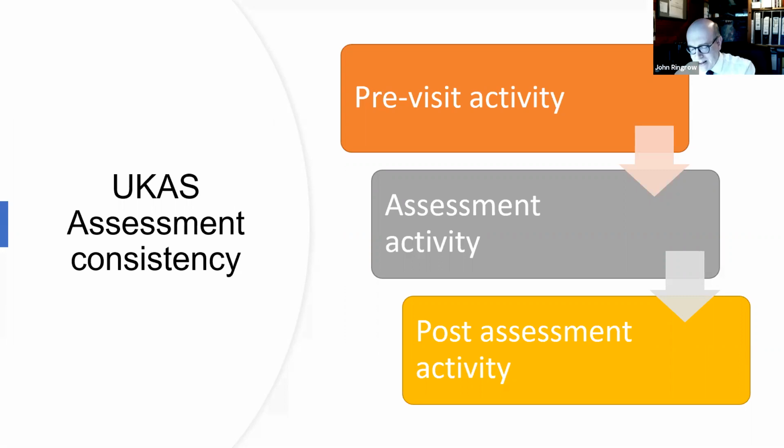So after the assessment has taken place, if there are any non-conformities, any findings that have been raised and improvement actions that need to be dealt with, the improvement actions would be agreed at the time. And without going into too much detail on those sorts of processes, you can find that information on the UKAS website.